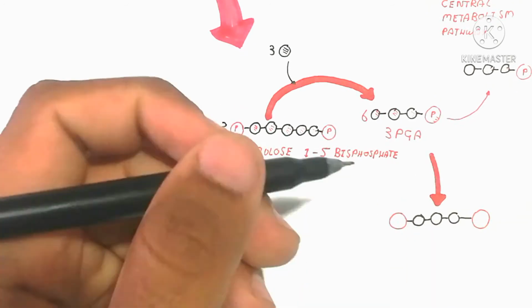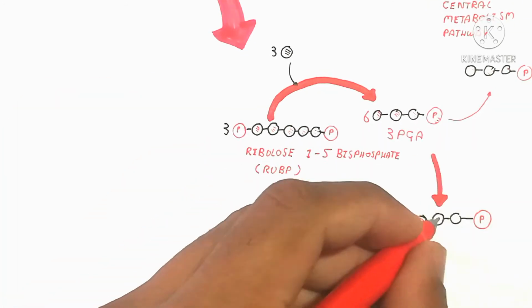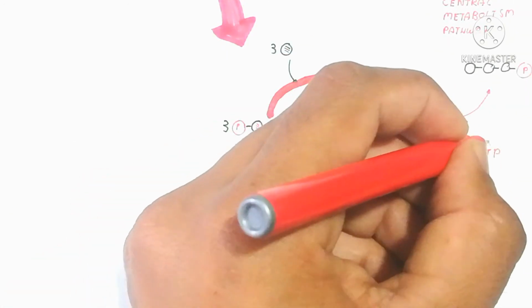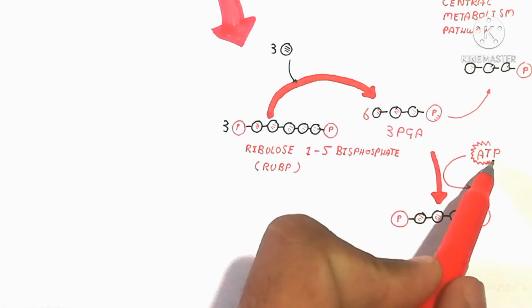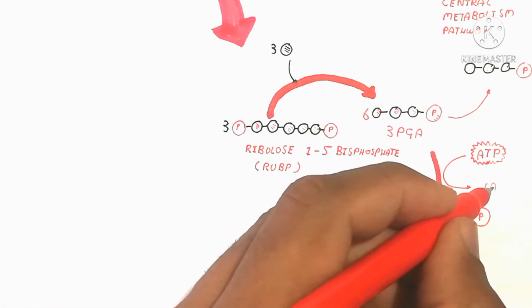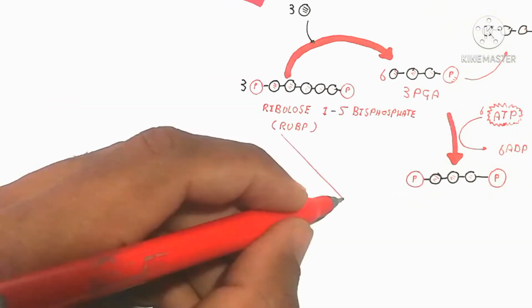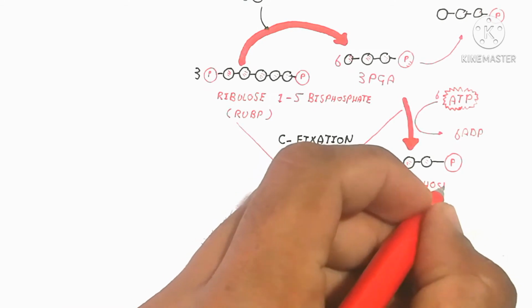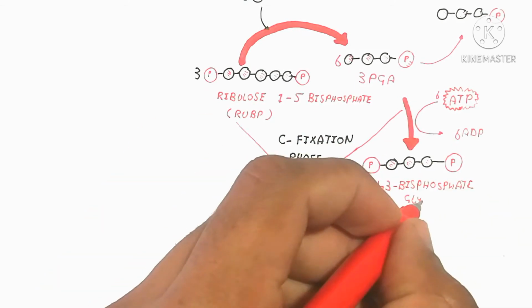Now we will discuss phase 2, which is the reduction. In this phase 6 ATP are used and produce 6 ADP, and the product will be 6 molecules of 1,3-bisphosphoglycerate, where carbon number 1 and carbon number 3 contain a phosphate group.